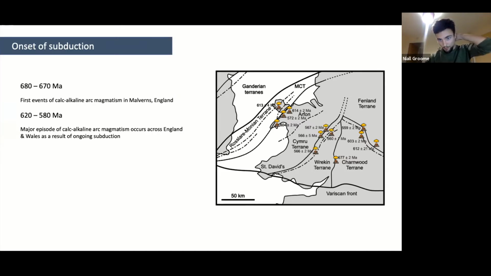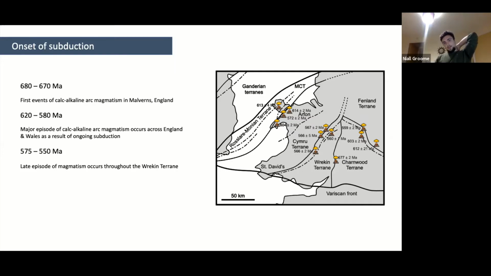So we then have a second late episode of magmatism, or a third if you like. It occurs in the Wrekin terrane. So again, Western England, central Wales. And this magmatism is not so arc related, but it has an affinity more for rifting margins.